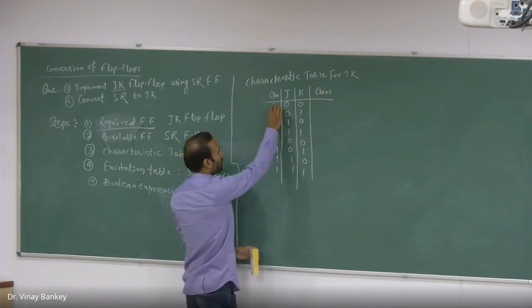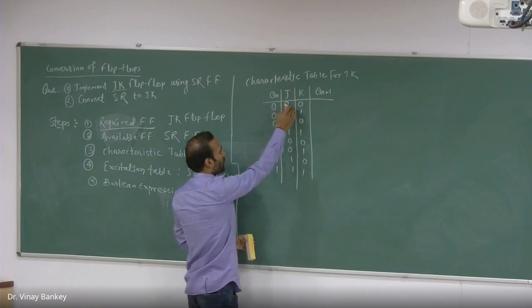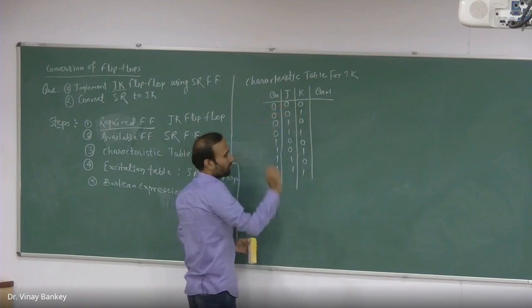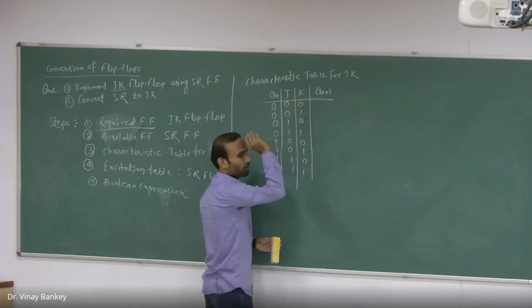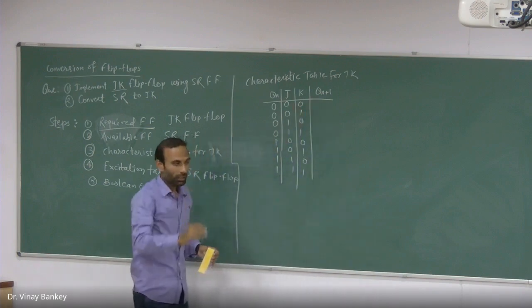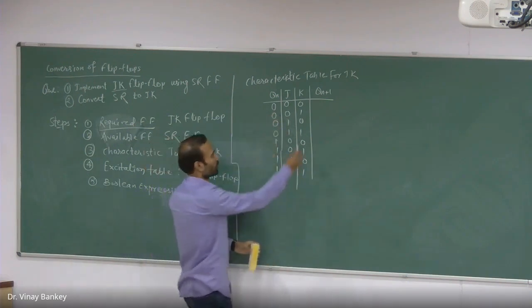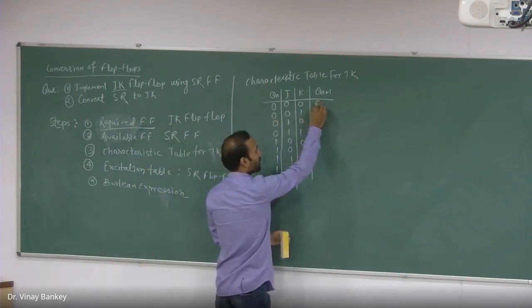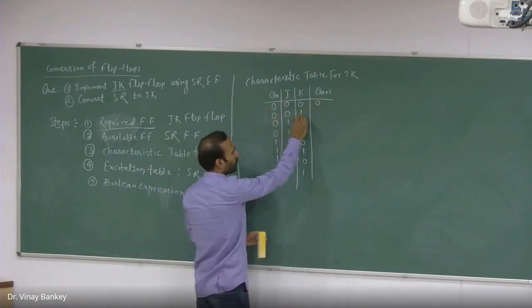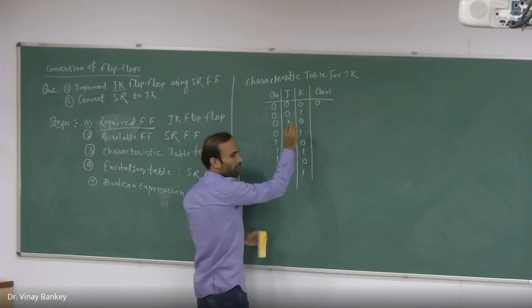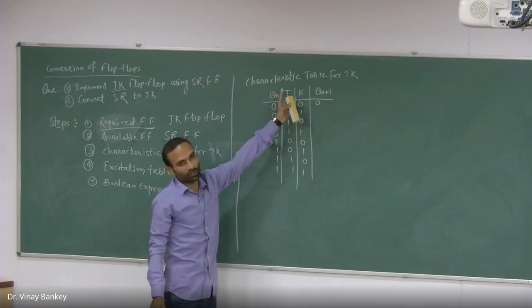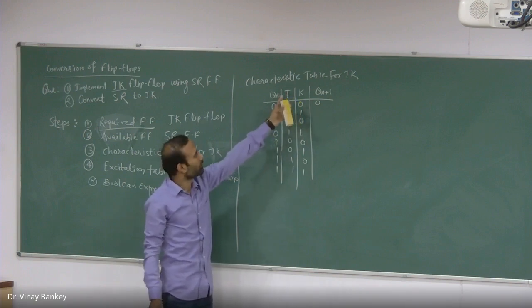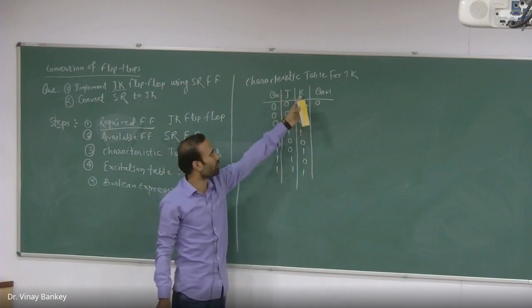Correct. So if the previous state was 0 and we have applied 0 and 0 at the JK flip-flop, if you remember the truth table, it is a memory state. So it will remain in the previous state, that is 0. For 0 1, if you don't remember, I will give one hint here. Compare this JK with SR. This J is set and this K is reset.